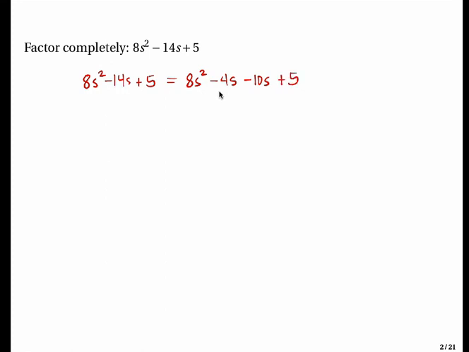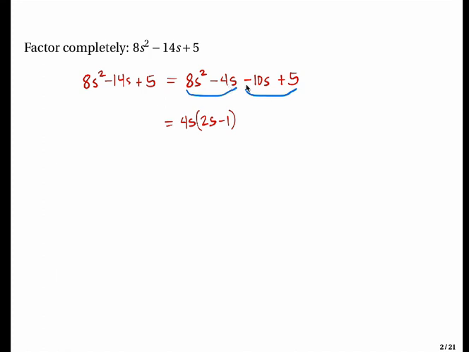So in this current form, what we're going to do is to group this 8s squared minus 4s and then this minus 10s plus 5. In the first grouping here, we see that 4s is actually a common factor. So if we factor out 4s in that group, what will remain inside is the expression 2s minus 1.